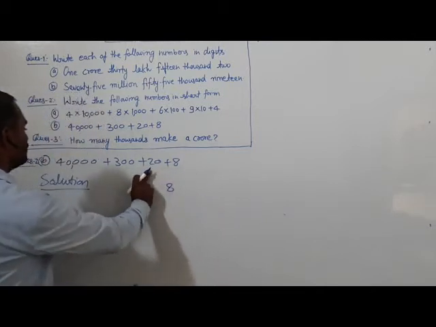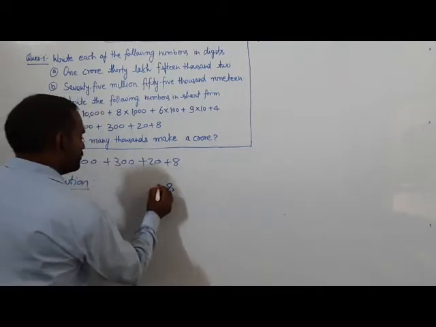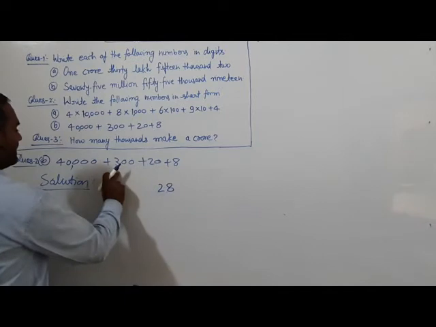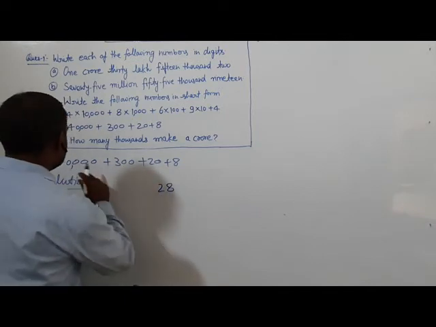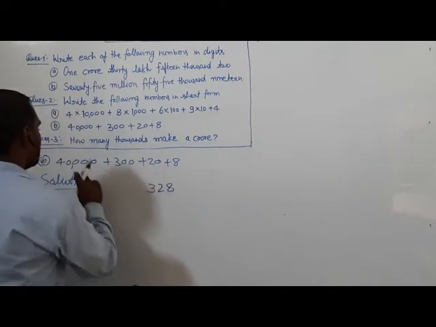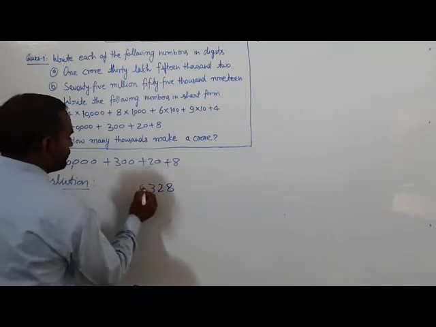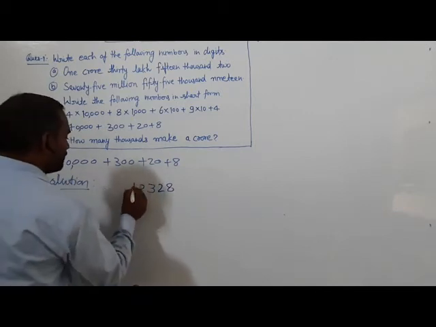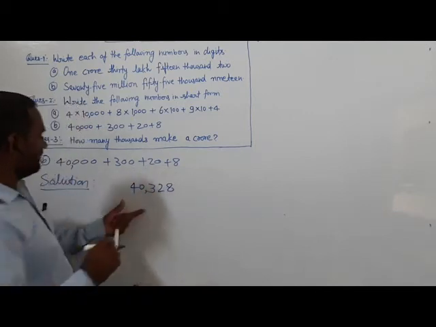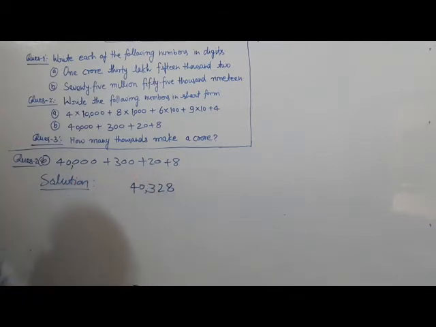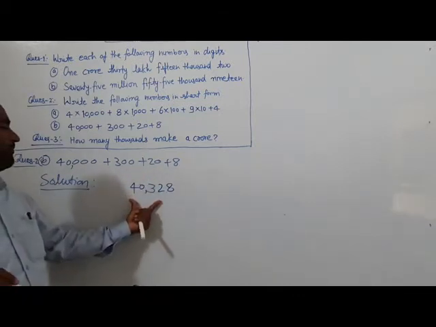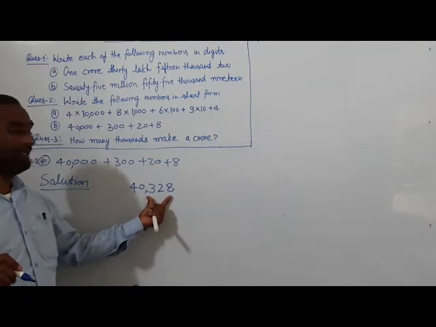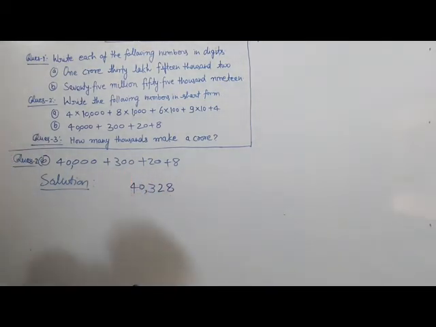The tens place is 2, the others are 0, so 2. The 100 place is 3, so 3. The 1000 place is 0, and then the 10,000 place is 4. This is the short form, the standard form: 40,328. Now solve question number 3.